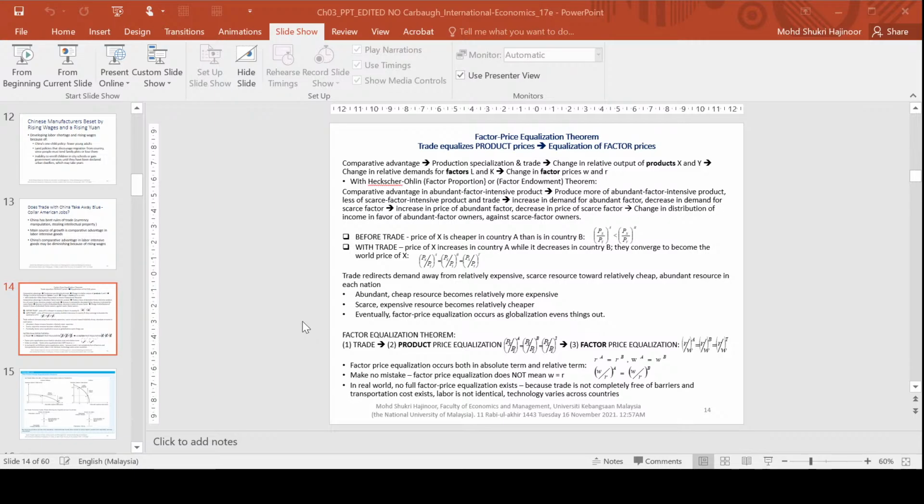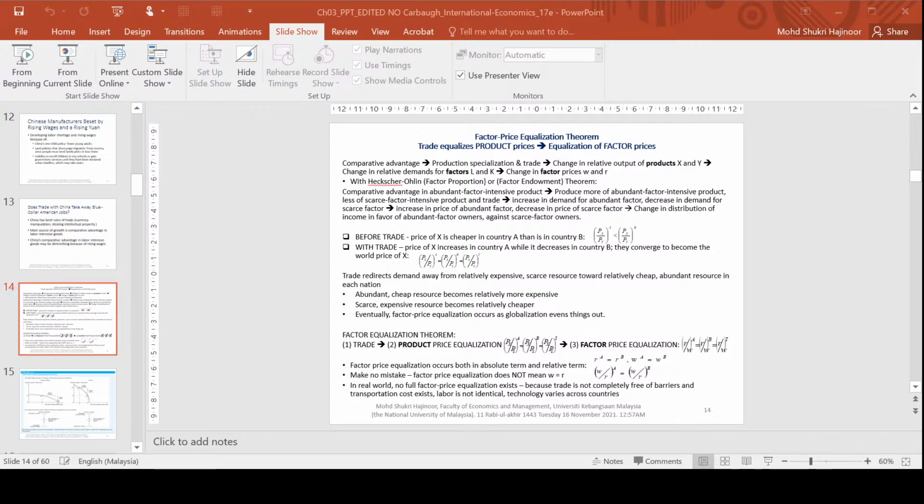In this case, according to the picture here, there is a capital saving technology available. So, according to the picture here, it assumes that specialization will lead to increased use of labor but decreased use of capital.